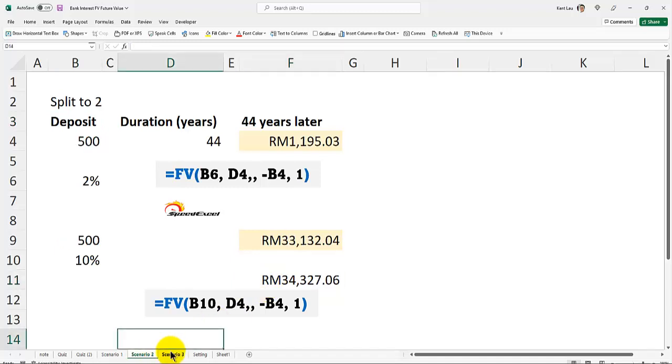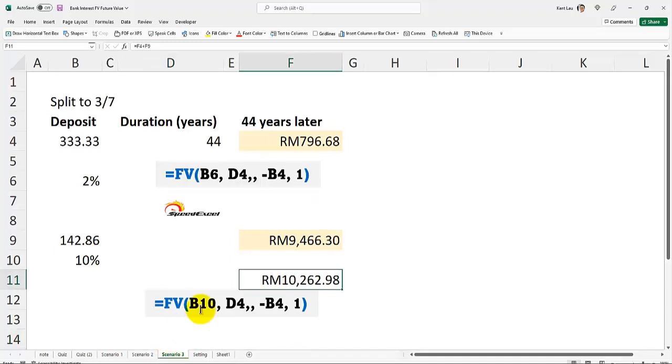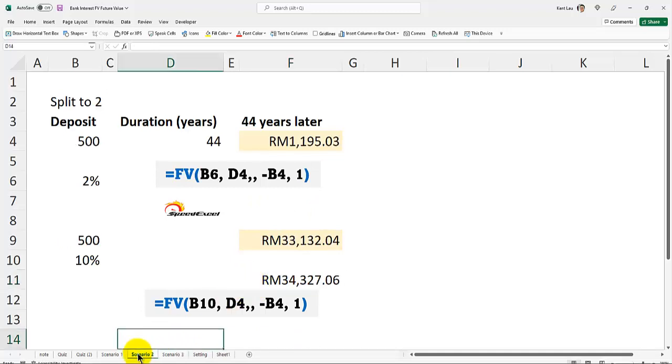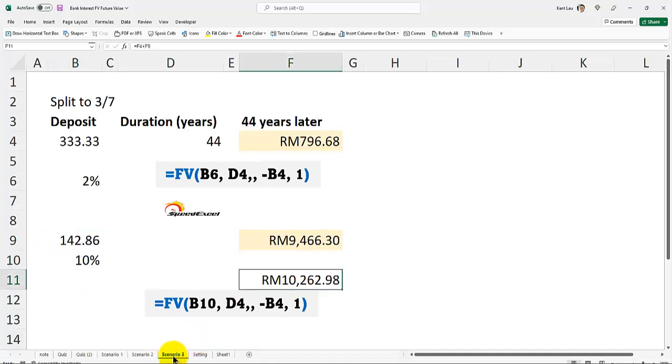Wait, how could it be? All right, let's see. It's 500, right? It's 10%. Divide capital.